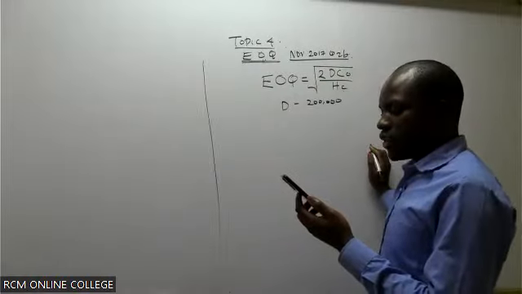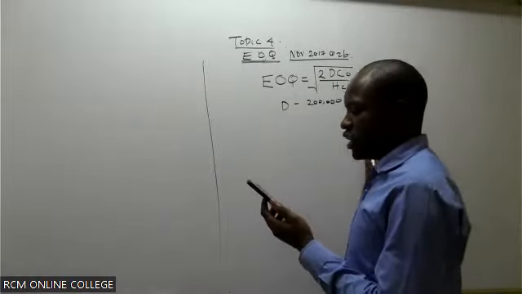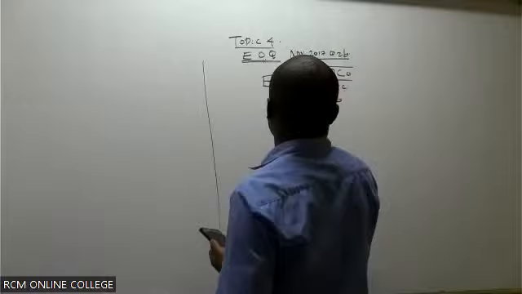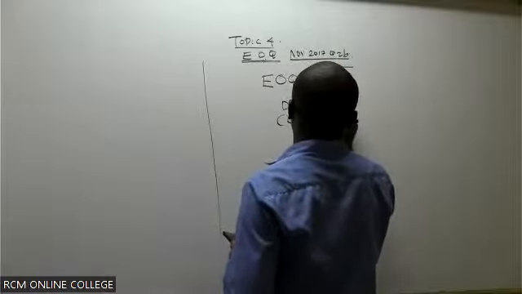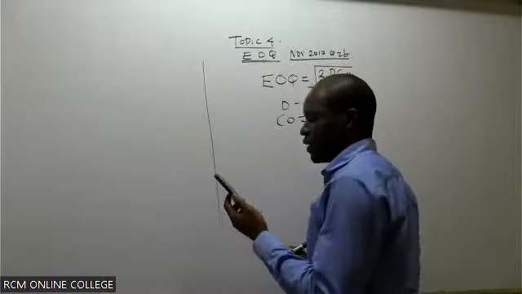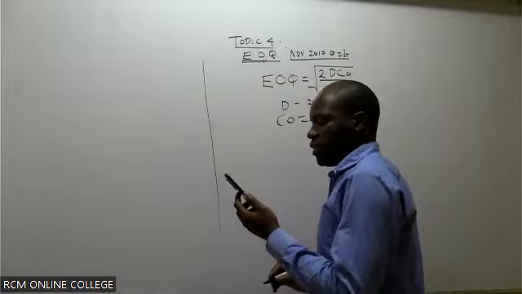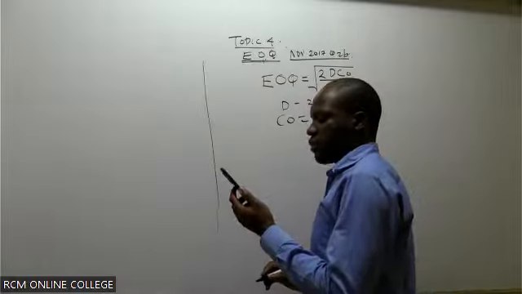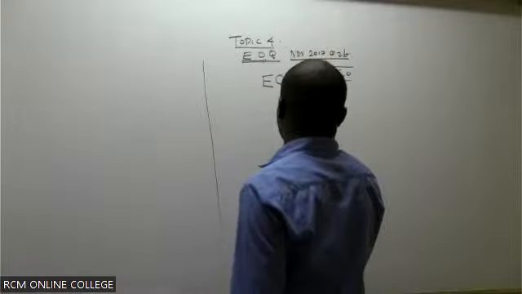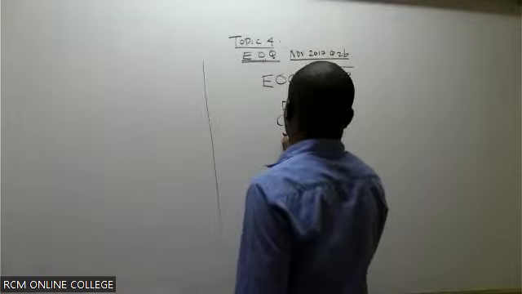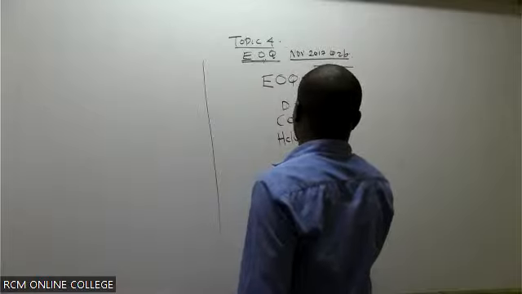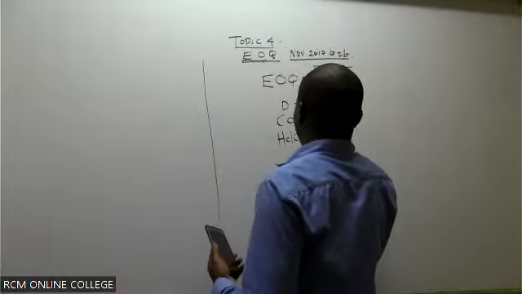Then ordering cost per order is equivalent to 18,750. And then the next thing that we are given there is a carrying cost. This holding cost, remember I said, is the same as carrying cost, which is equivalent to 3.